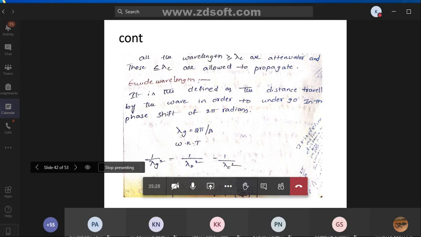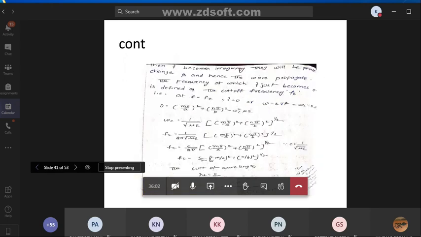So from this relation we can write lambda g, the guided wavelength, equal to lambda naught by square root of 1 minus lambda naught by lambda c whole square. That is the guided wavelength.